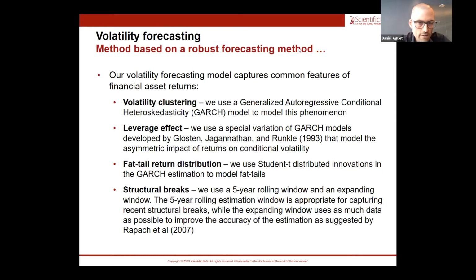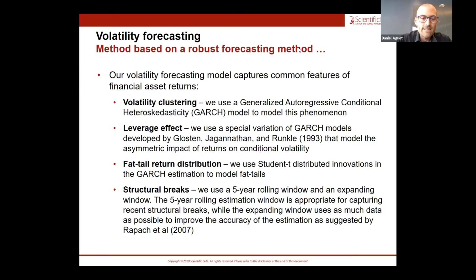And the final feature that we want to capture is structural breaks. When you estimate a GARCH model, what you want to do is to take the most data to have the highest accuracy in the parameter estimation. But when you do that, you might miss some structural breaks. So what is a structural break?